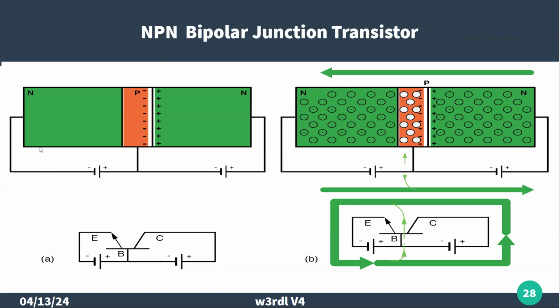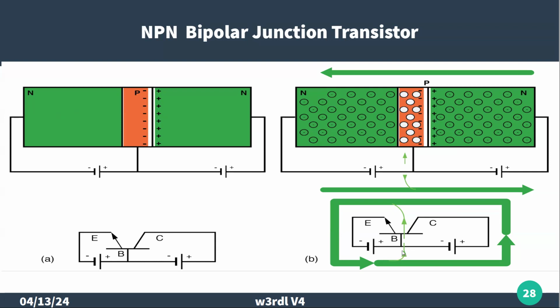Okay, thank you. So in this, we're showing what we call the bias voltage between the base and emitter, and the supply voltage between the collector and emitter. And that's what it would look like in an actual schematic.